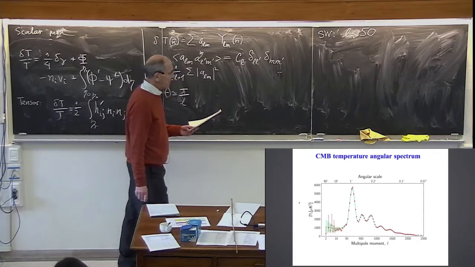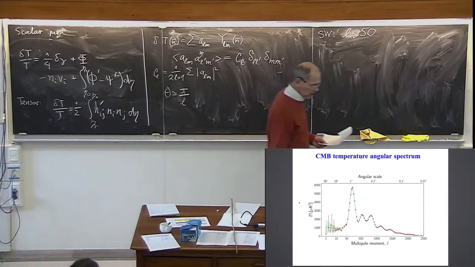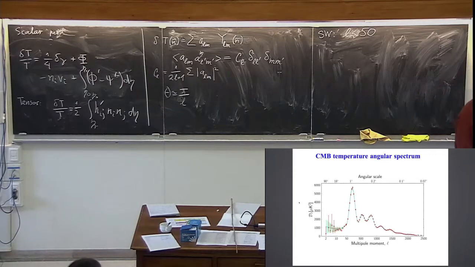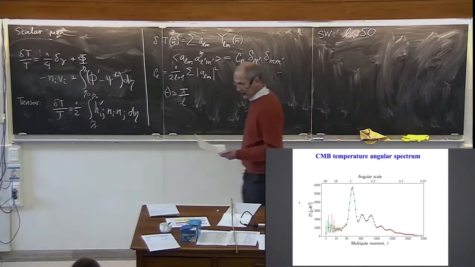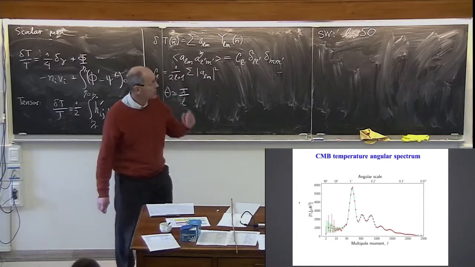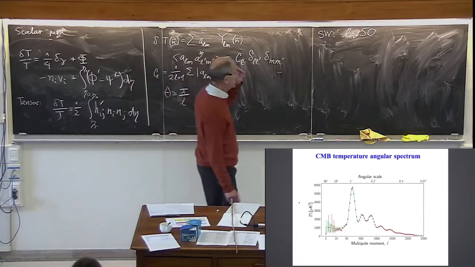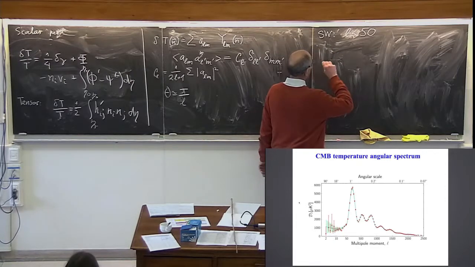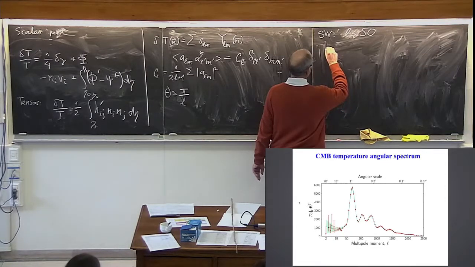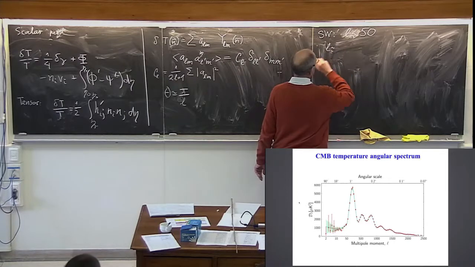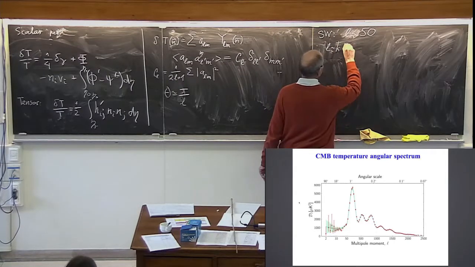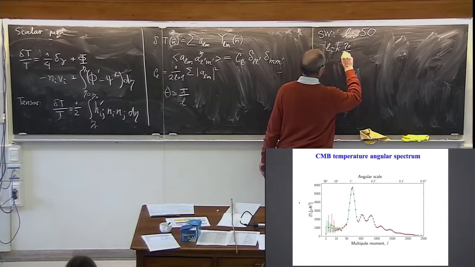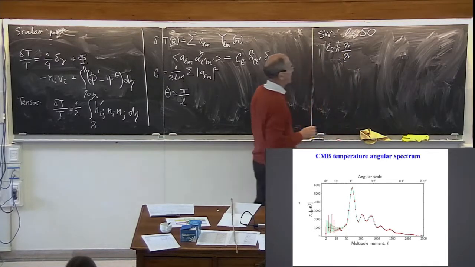So these are modes which remain super-horizon until recombination, essentially. We'll see that there is an approximate relation between L and momentum, and the relation is this: L is approximately momentum times eta naught over eta recombination.